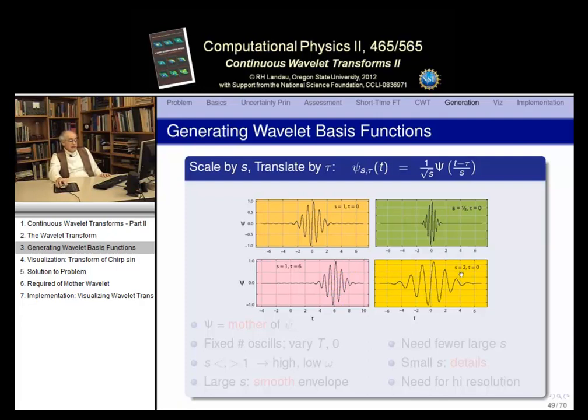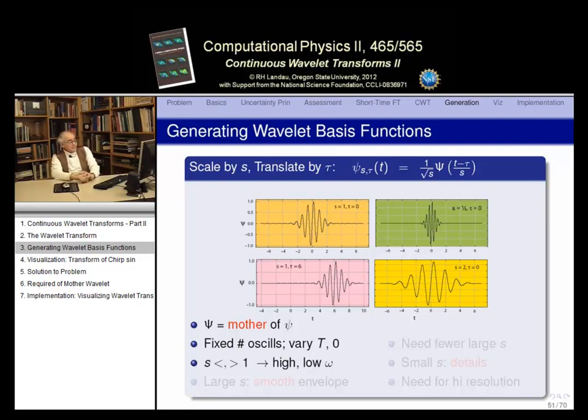Here we can change the scale to a larger number that stretches it out, and here we're keeping it still at tau 0, so we see it in the same location as before, but stretched out. So it's very easy. We just have one wavelet, the mother, and we stretch it, compress it, translate her, like a good soccer mom. She goes every place and is flexible. Okay. So psi is called the mother wavelet.